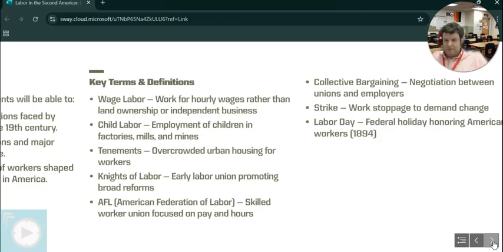There's 2 labor unions we're going to be looking at in this course, and for this unit. We're going to look at the Knights of Labor and the American Federation of Labor. We'll talk more about those in a bit. Labor unions are where workers come together, and part of the reason they come together is there's strength and unity, and a safety in numbers idea.